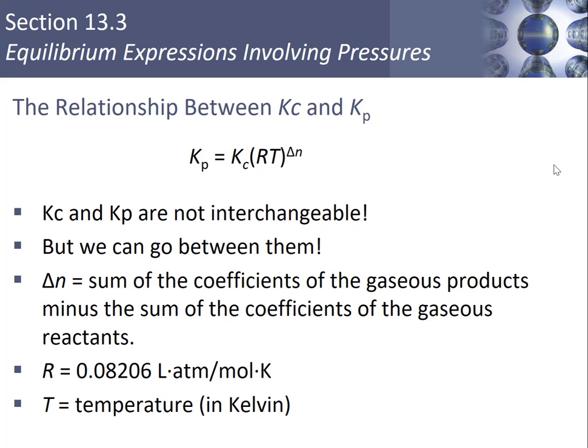One nice thing to know is what if the delta N is the sum of the coefficients of the gaseous products minus the sum of the coefficients of the gaseous reactants. So if the number of moles of gaseous product and the number of moles of gaseous reactant are the same, what does delta N work out to be?